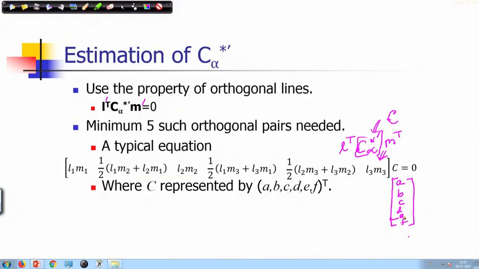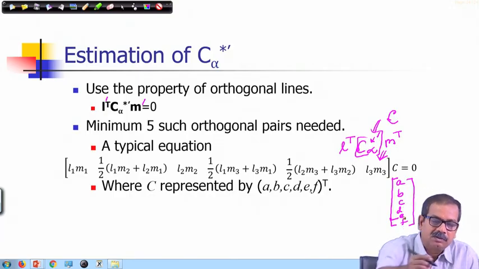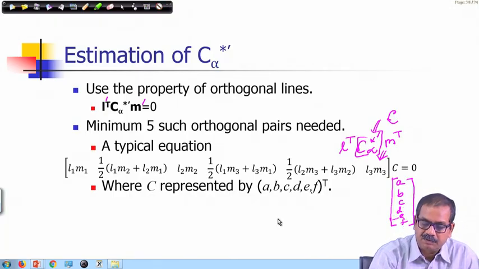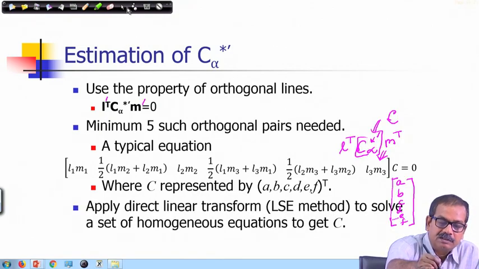We have discussed earlier how C can be represented using these parameters. So, you have to obtain these parameters using these equations, but as you can see, there are 6 parameters and there are 5 equations, and in fact, it is a set of homogeneous equations. So, you need to use the method we used earlier for solving sets of homogeneous equations.